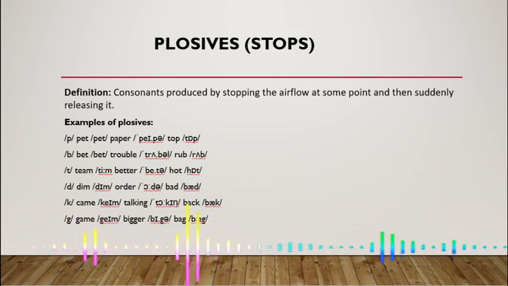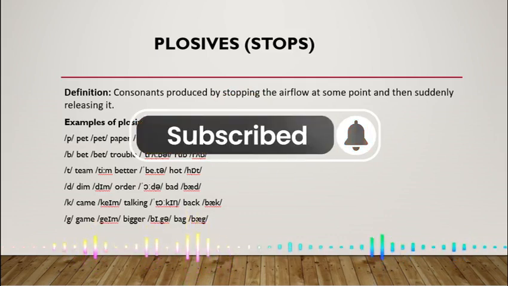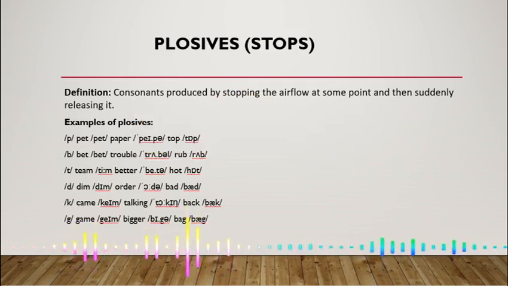So for all the sounds, try placing your hand on your throat and see whether there is a vibration or not. I've mentioned earlier that if there is a vibration, then that sound is voiced. If there is no vibration, then that sound is voiceless.